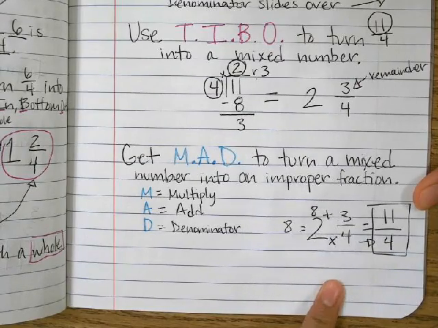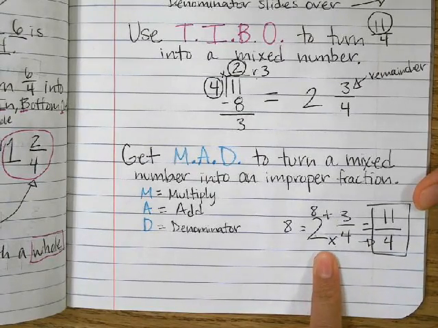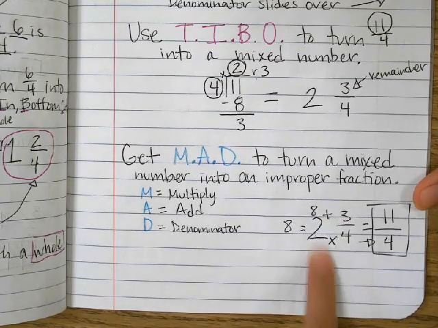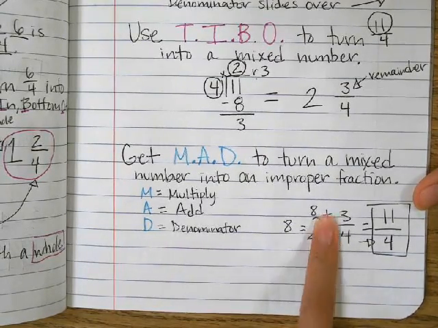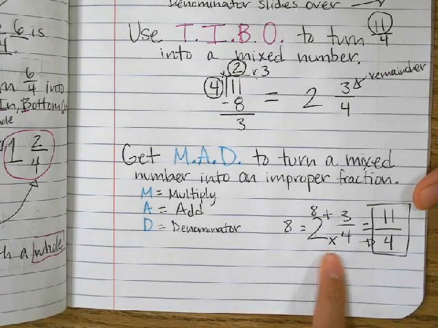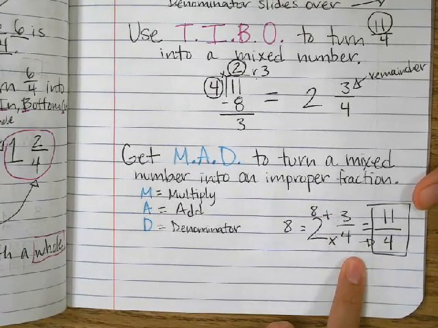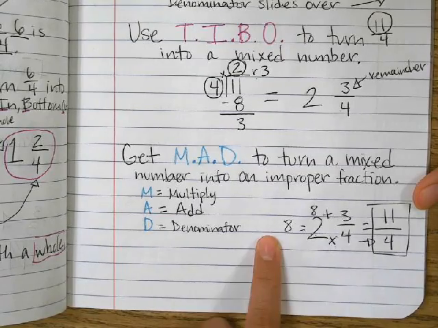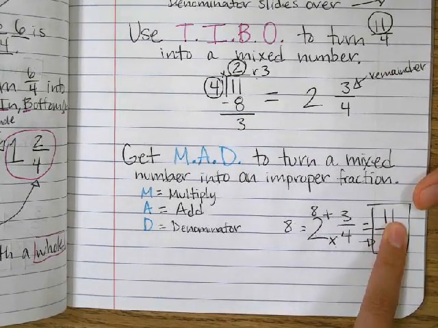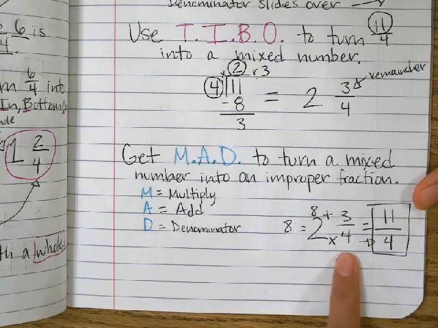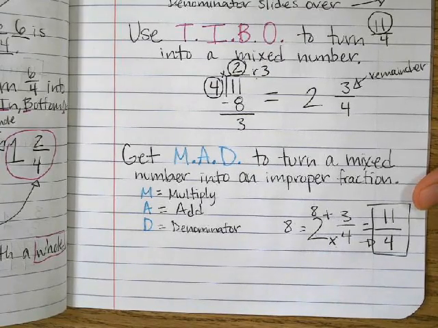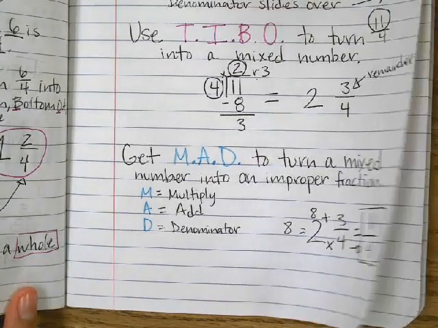Slide over again. I also learned it in a different way using Texas. So you would put TX just like this. Multiply first, then add. 4 times 2 is 8. 8 plus 3 is 11. That would be our numerator. And our denominator is, of course, the same one that was there, 4.